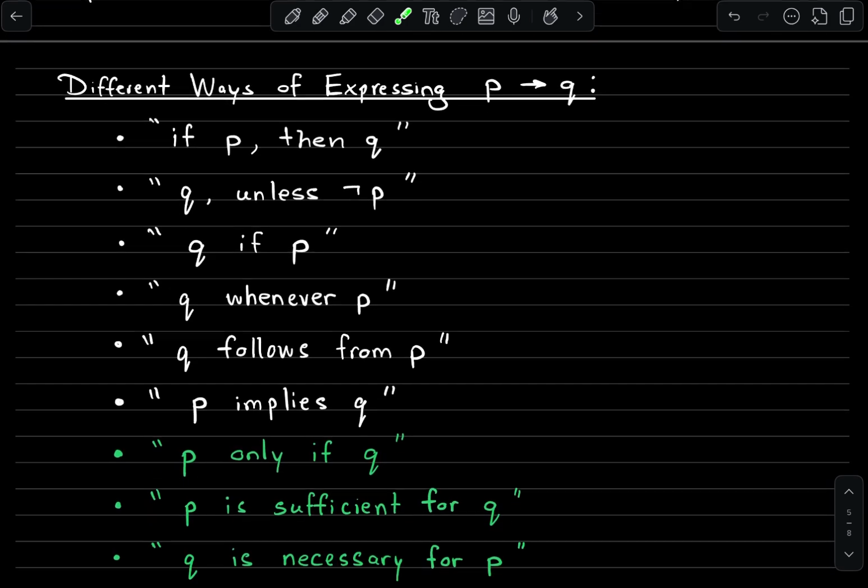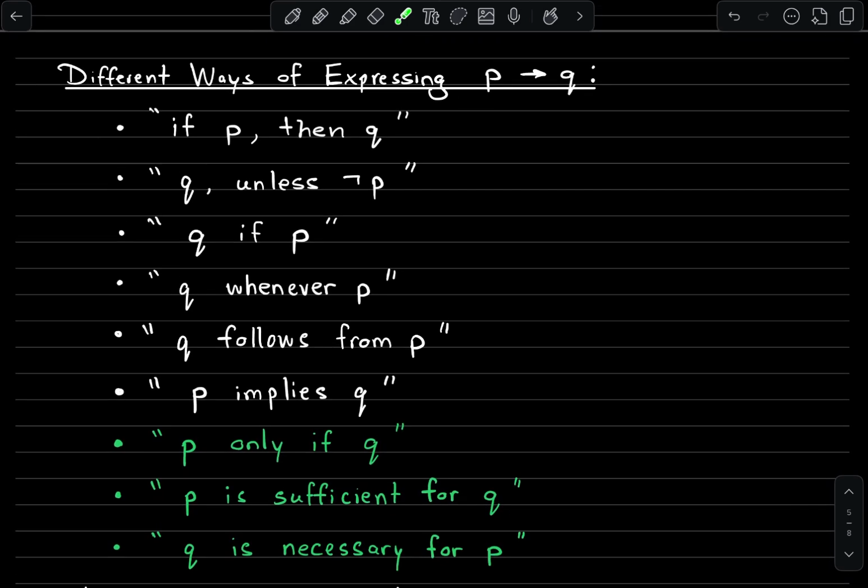So now you have a couple of different ways of expressing this if P then Q, or this conditional, how we can read it. And these are different ways you might see it written. Of course, you've got if P then Q, that's our basic starting one. You've got this one, which is a little more complicated, Q unless not P. This is going to make a little bit more sense when we talk about necessary and sufficient, but it implies the same conditional statement or implication.